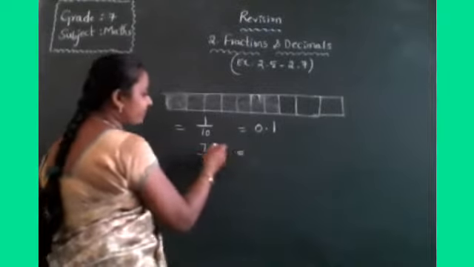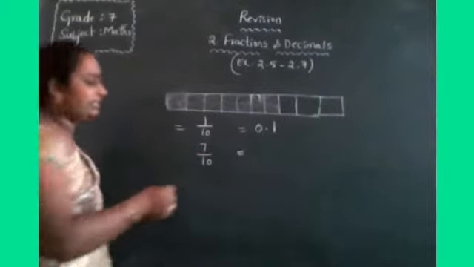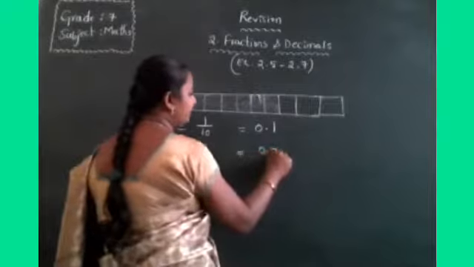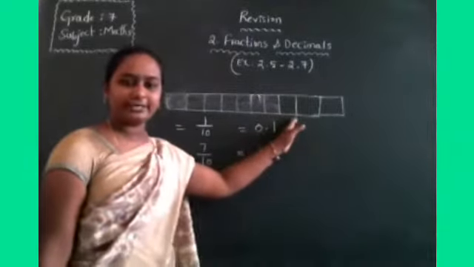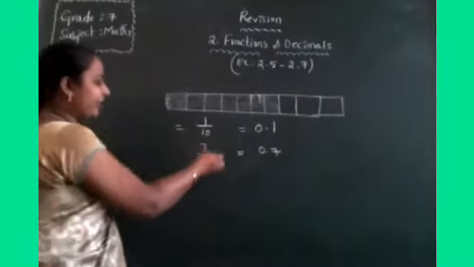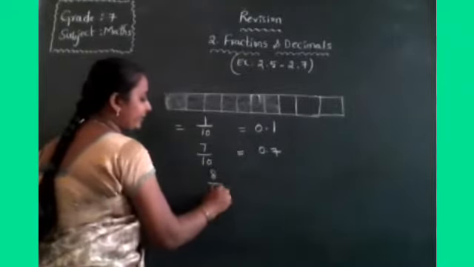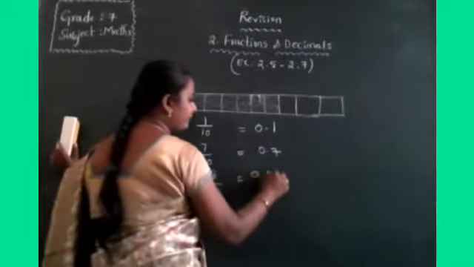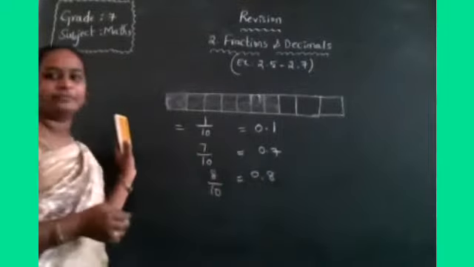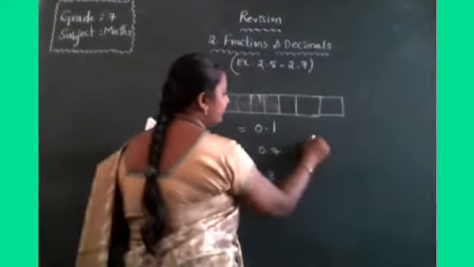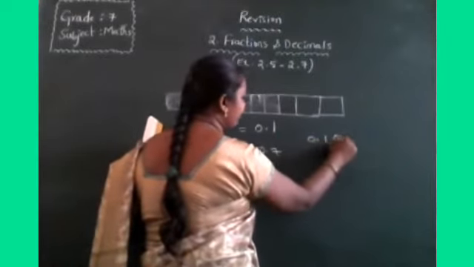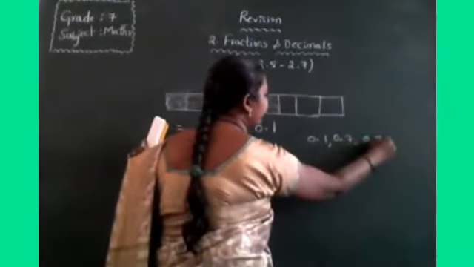What is the decimal of 7 by 10? Yes, 0.7. If 8 parts are shaded, that means 8 by 10. What is the decimal of this? 0.8. So you have to remember this: 0.1, 0.7, 0.8.